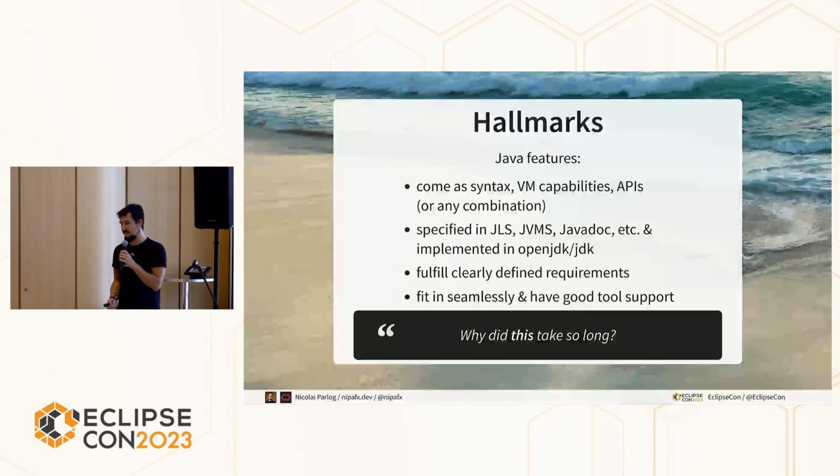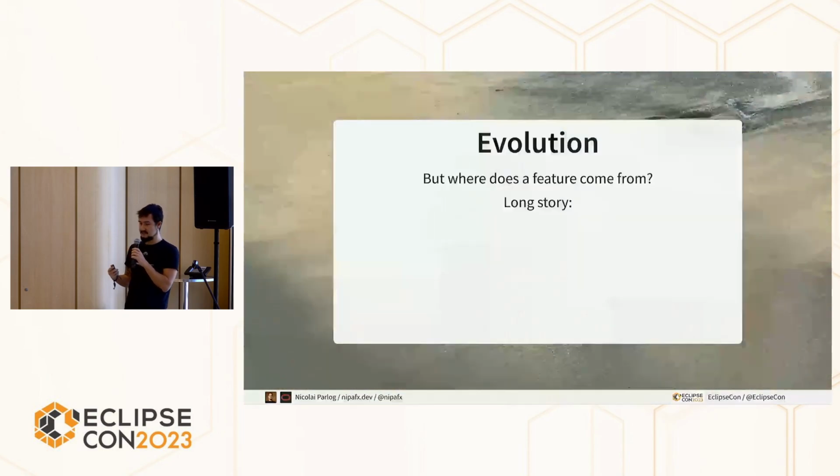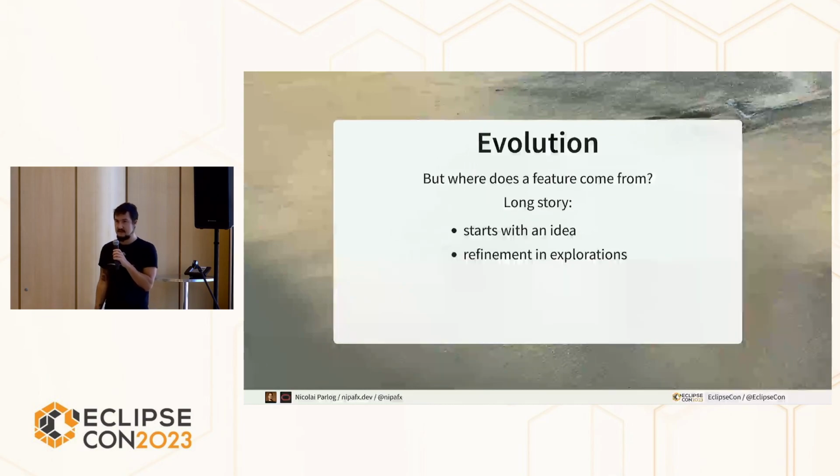So just because something is difficult on the VM level does not mean it should be difficult for us developers. But how do we get there? How do we get from idea to this point where something is so ready that it takes so long? That takes quite a while. Usually somebody does have an idea about something that should be improved, needs to be refined in an exploration to try to figure out whether this is an actual problem that needs solving and what the solution looks like or could look like.